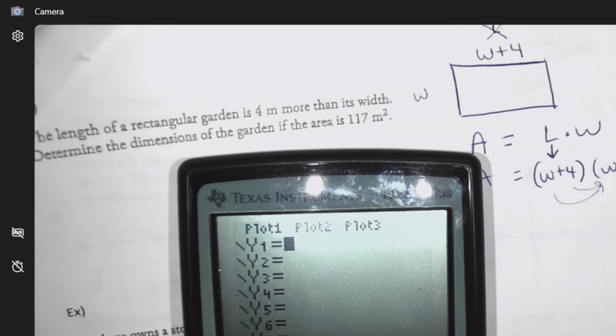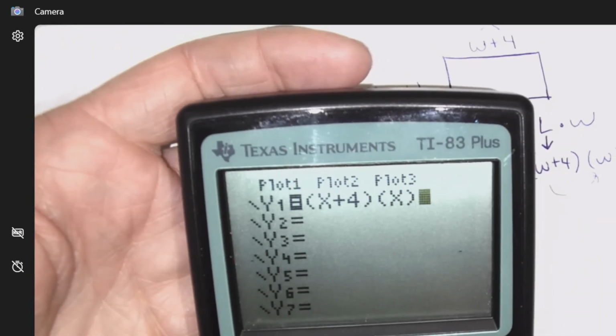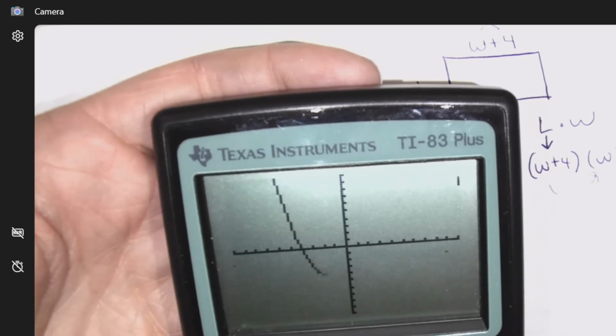Okay, so you're going to go into your calculator already. My pre-calculators would have to do all that by hand, but we're already going to jump into our calculator. X plus 4 times x. I have no idea what it's going to look like.